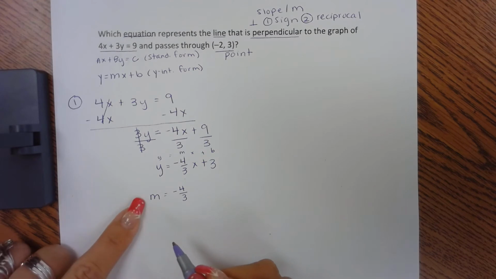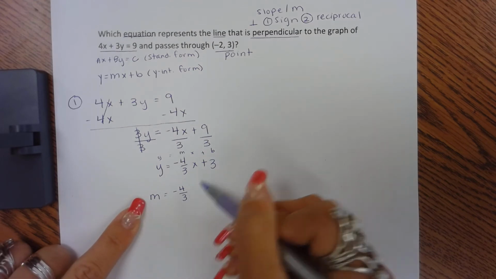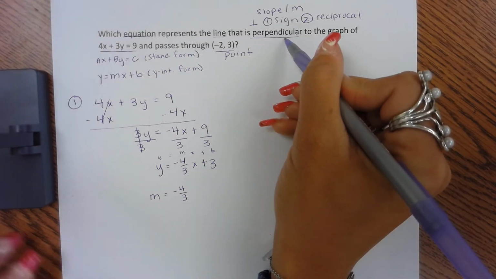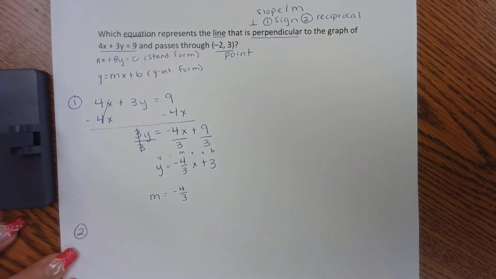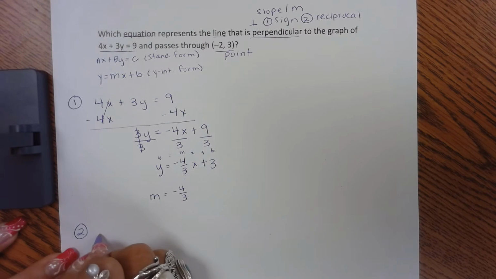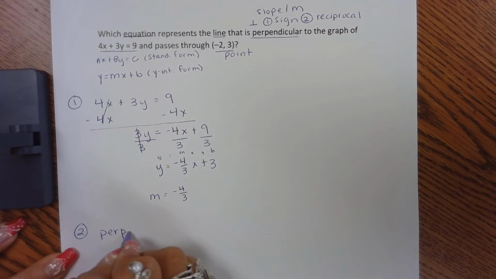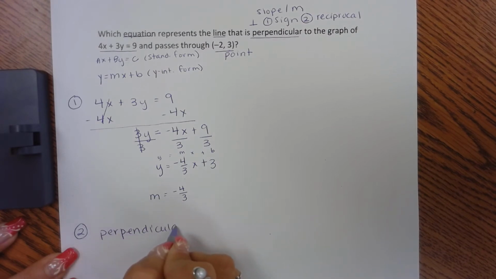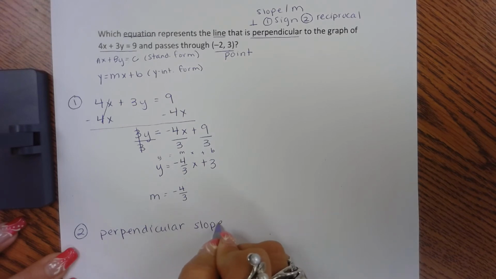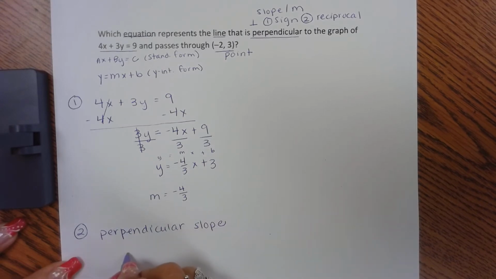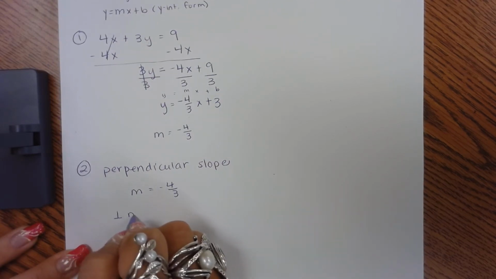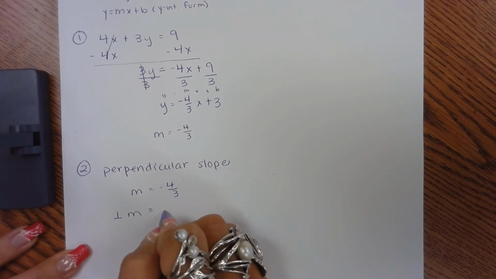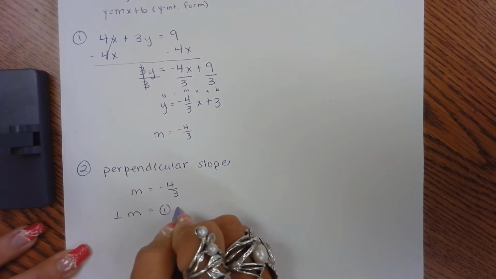Now, let's find the perpendicular slope. That's our second step, so I'm going to write 2. If the current slope is negative 4/3, for the perpendicular slope we need to change the sign and flip the fraction.